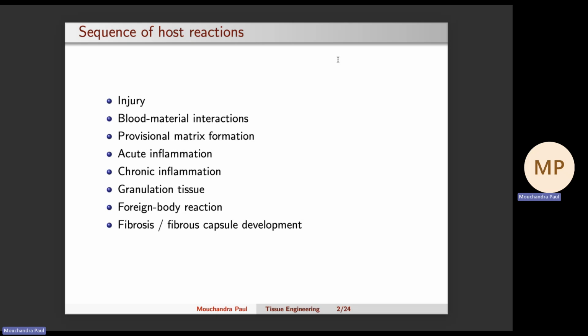Ultimately, the body will try to isolate this biomaterial, that is fibrosis, or fibrous capsule development. That is the end step.